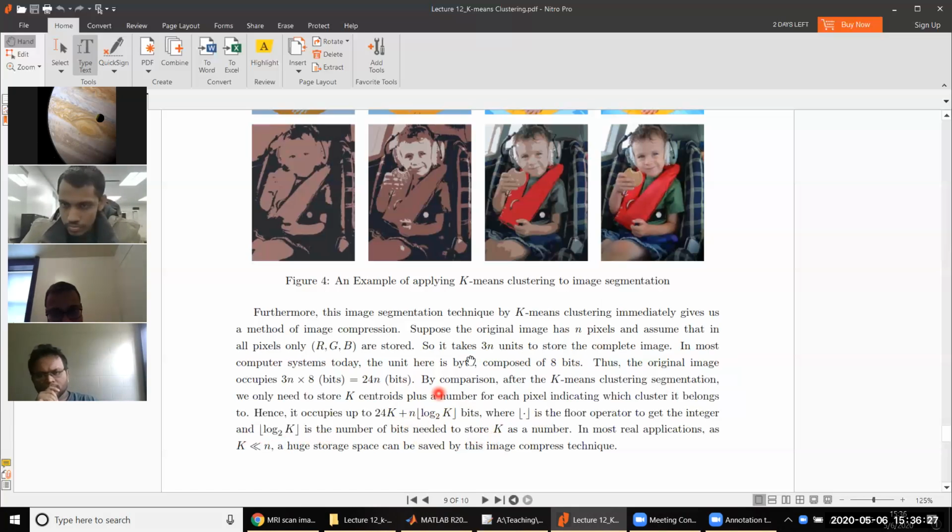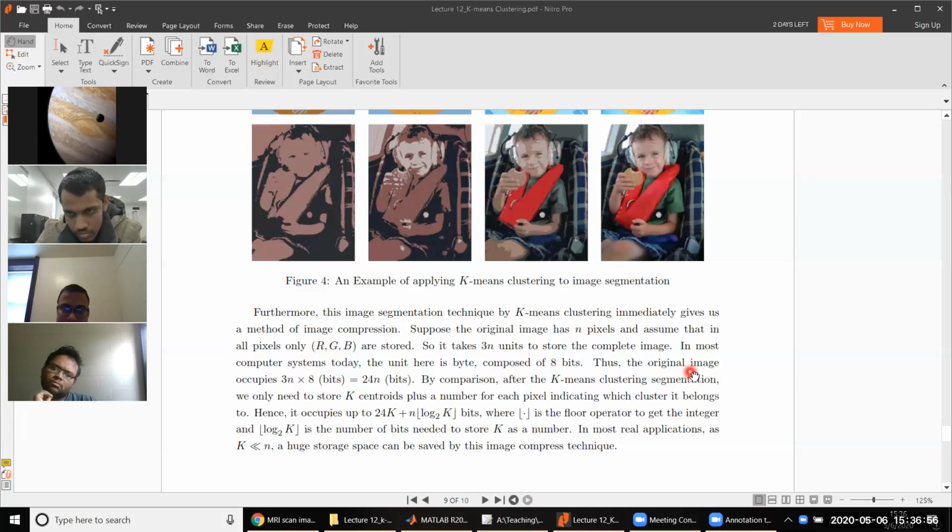So you can clearly compare. The original takes me 24n. The new one takes me 24K plus n log 2K. In real applications, n is much, much bigger than K. N is usually in the millions, and K is usually, let's say, 10. See the difference? It's going to be a huge compression. Of course, with this method, the bigger K, the better, if we strictly use RGB.